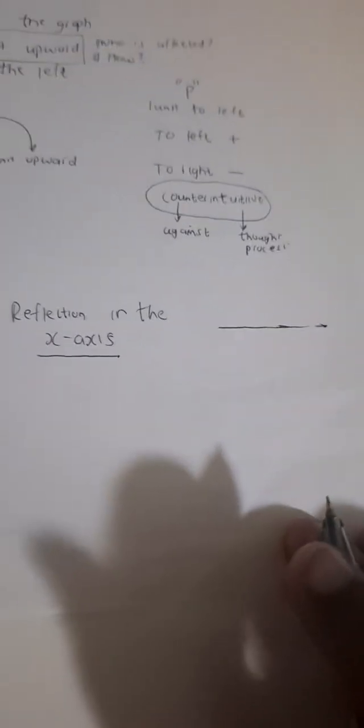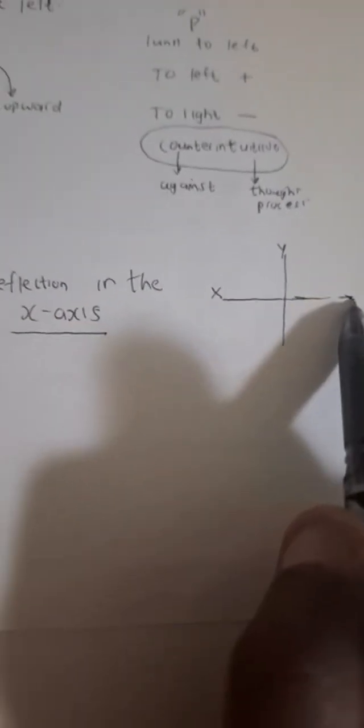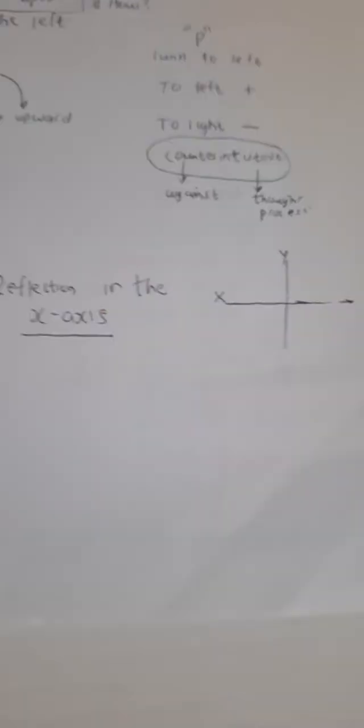Reflection in the x-axis, remember that the x-axis is the horizontal axis of your Cartesian plane, denoted by the letter x, whereas your y-axis is the vertical line of your Cartesian plane. Now the equation of this horizontal line, the x-axis, is actually what? y = 0.